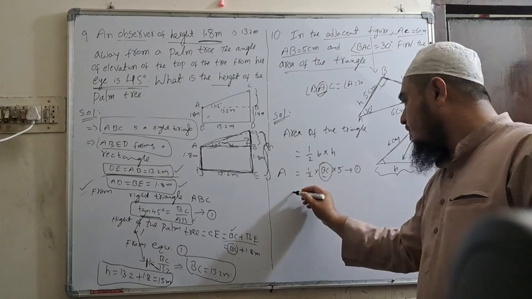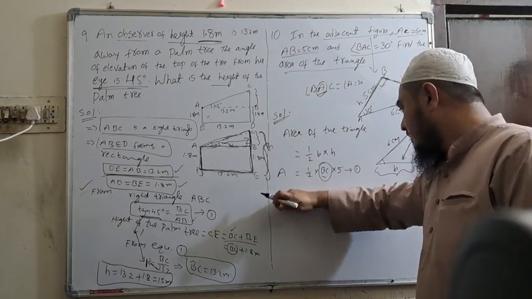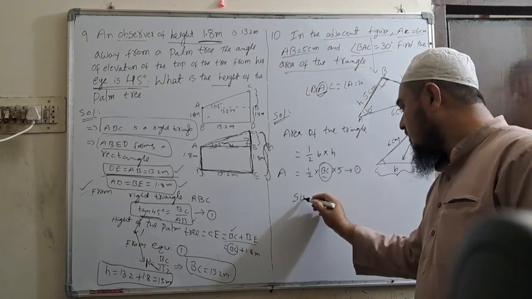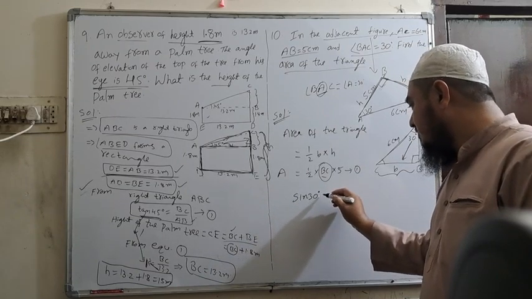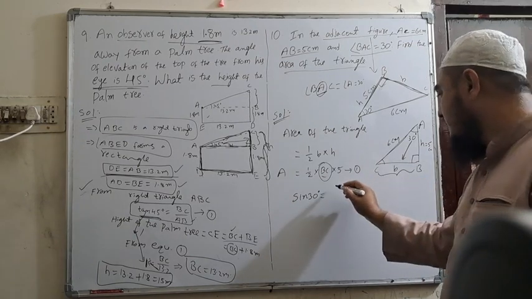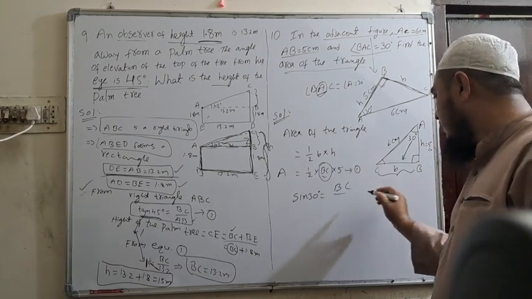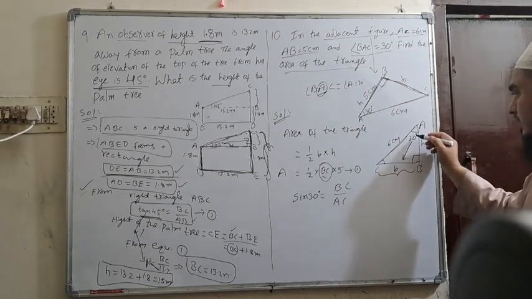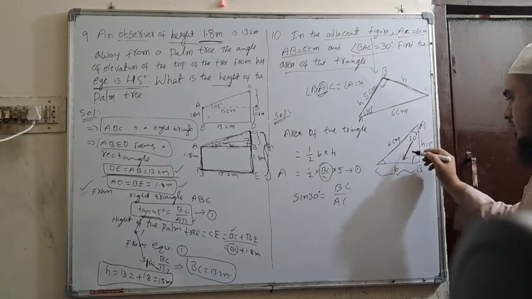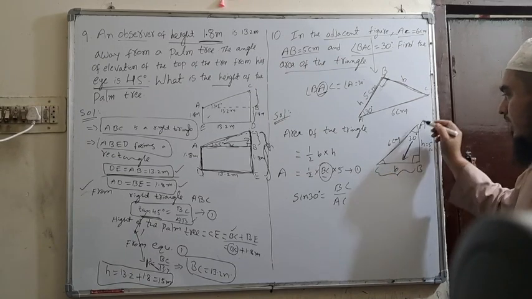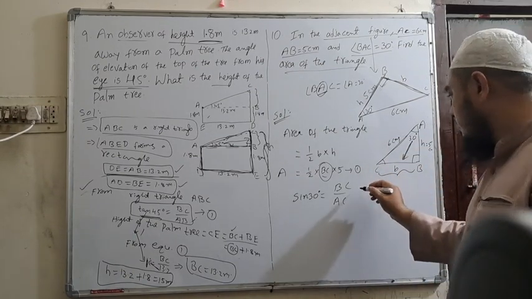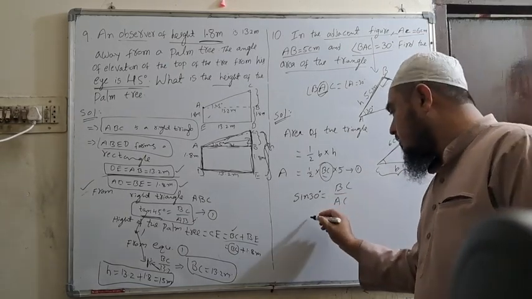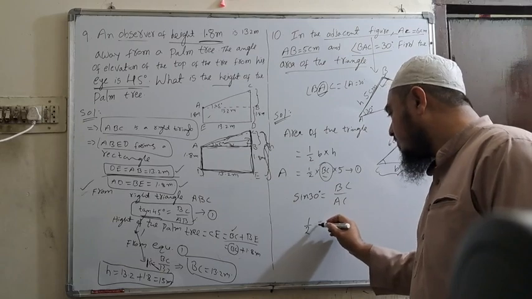So if we take opposite by hypotenuse, it is the sine ratio, that is sine 30 equals opposite side length BC divided by the hypotenuse AC. Now BC we need to calculate, AC is known. Sine 30 is how much? 1 by 2. Sine 30 is nothing but 1 by 2.